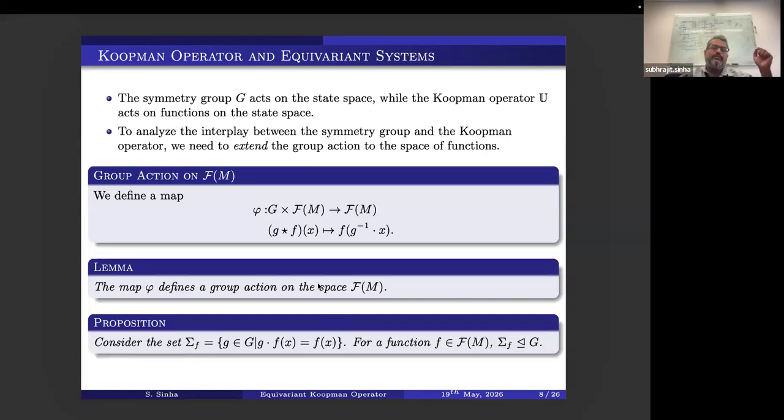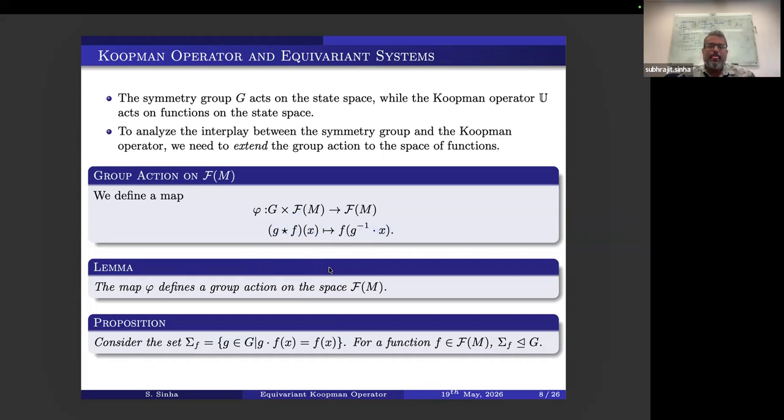The way to do it, first we define a map phi from G cross Fm to Fm, where we define the action of the group element g on any function f belonging to Fm as g star f of x goes to f of g inverse x. With this, one can show that this map phi defines a group action.